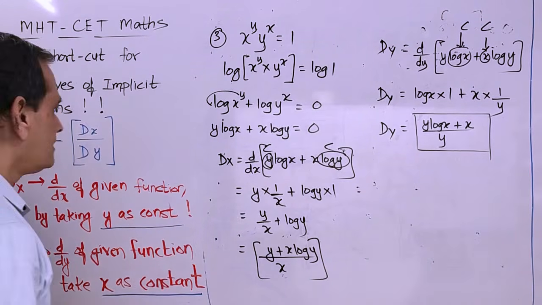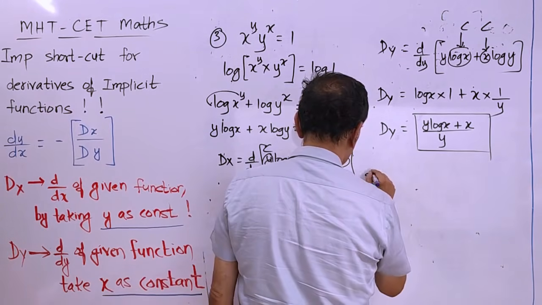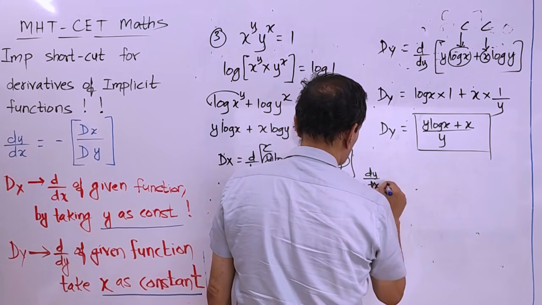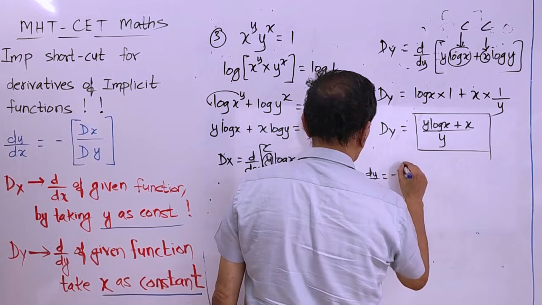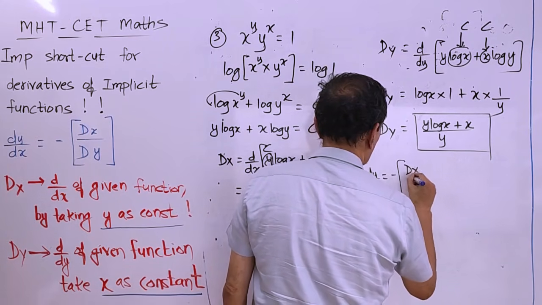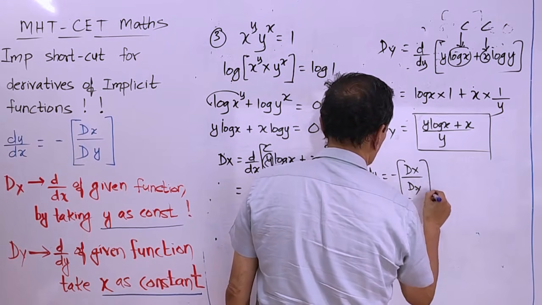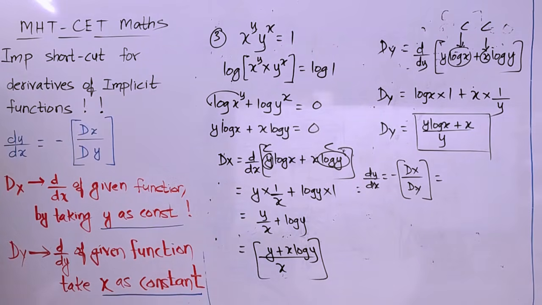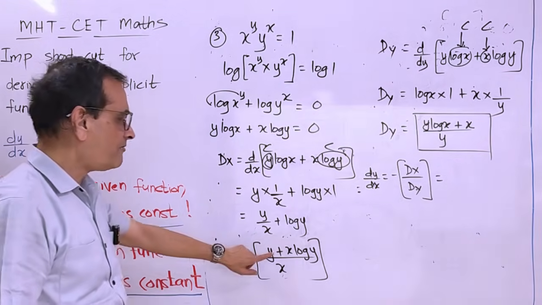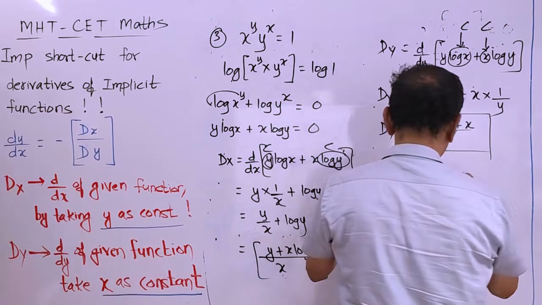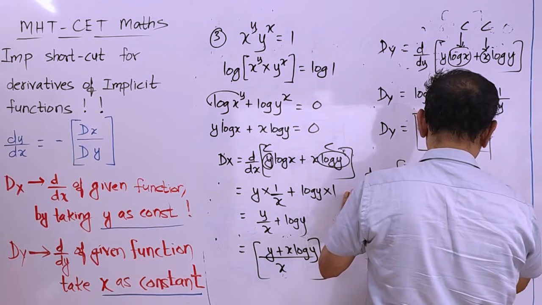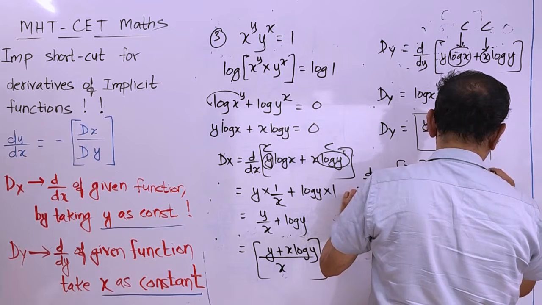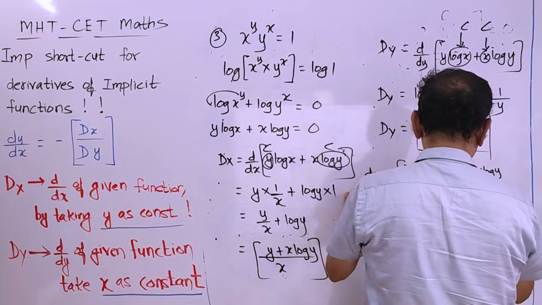Now use the formula. Dy by dx equal to minus of dx upon dy. करो substitute. Just substitute the values. Y plus x log y upon x.